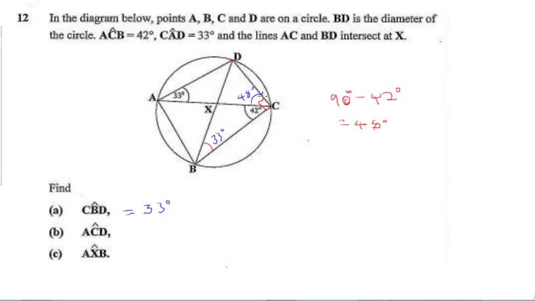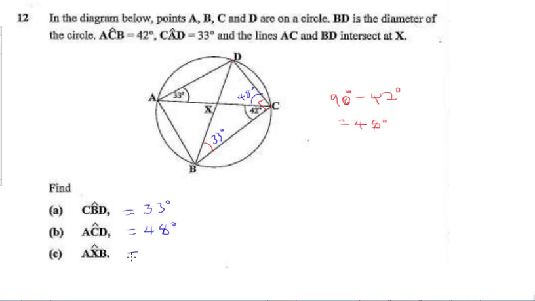Why? Because this is a diameter passing through the center of the circle, and therefore the angle at the circumference is 90 degrees. So these two should add up to 90 degrees. So 90 minus this one will give us that one. So ACD is therefore equal to 48 degrees.